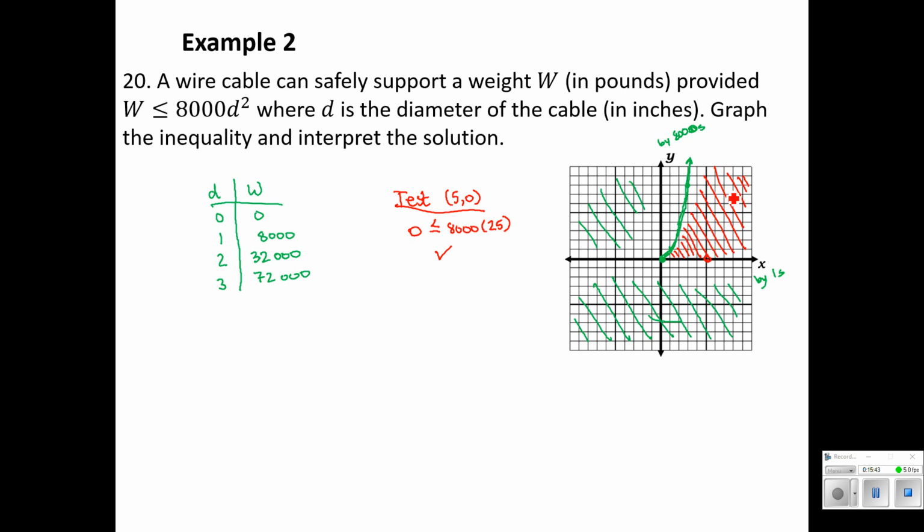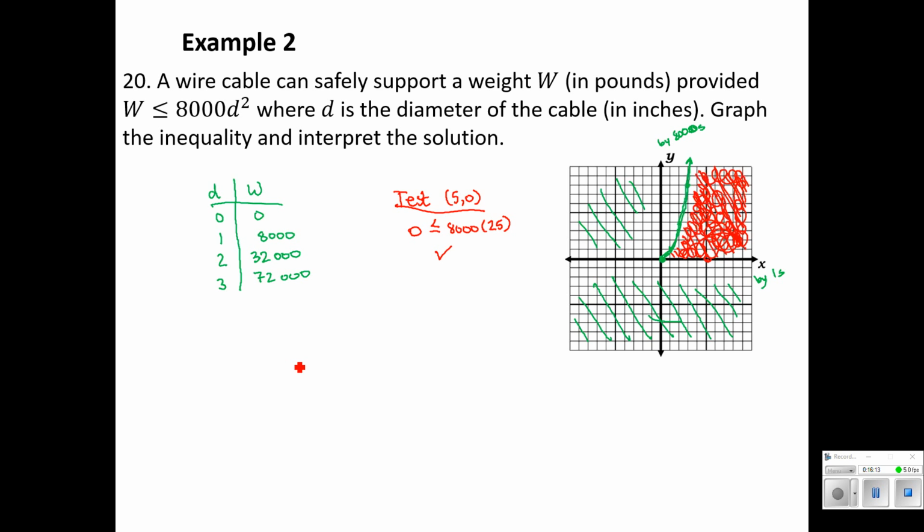Now here's what I think is really useful. Very rarely do you see really nice real-world examples of this concept. This shaded region over here represents a place where the height on the graph, which means the weight of the object, is less than that inequality. That function is telling us the maximum weight that cable can hold.